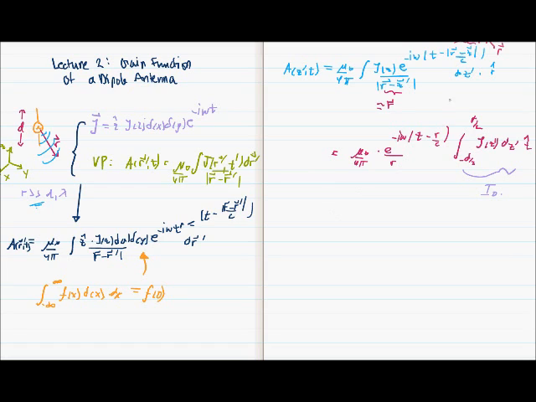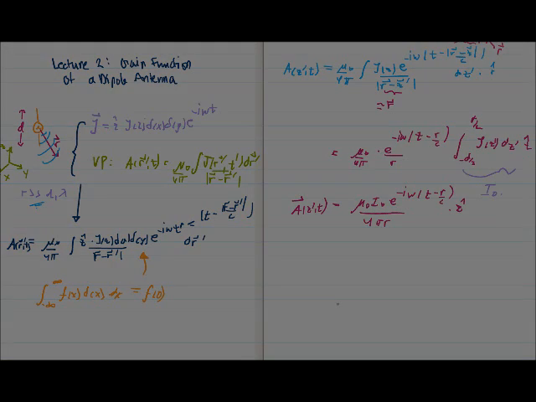And so the final answer in this case is this. So here we've derived the vector potential.